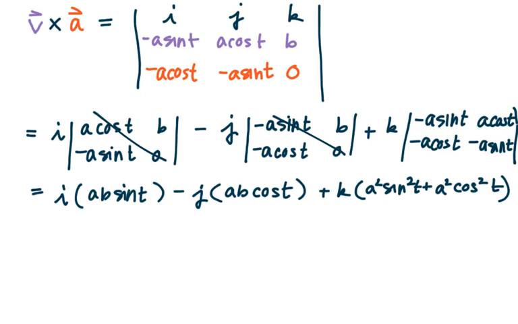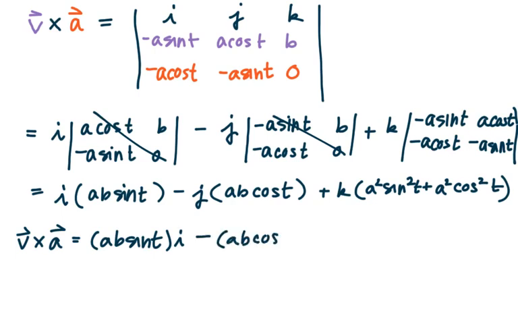So cleaning up that last term, we see that v cross a is equal to ab sine t i minus ab cosine t j plus, factoring out the a squared, we're just going to get a squared k because sine squared plus cosine squared is equal to 1.